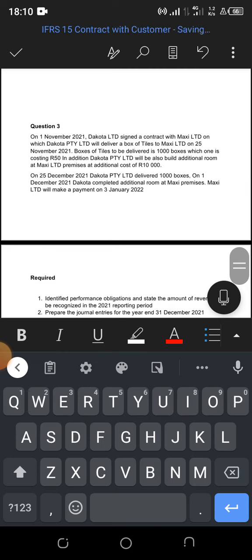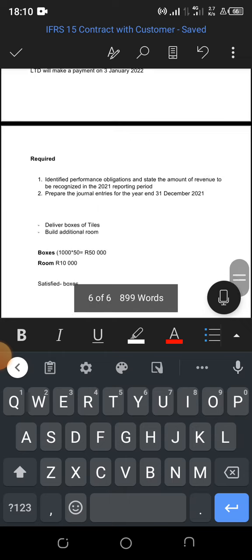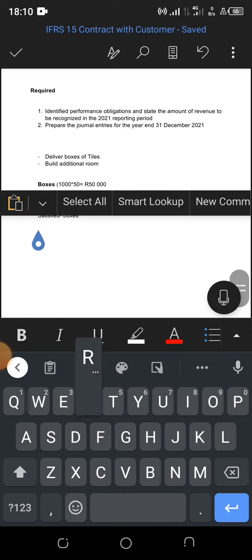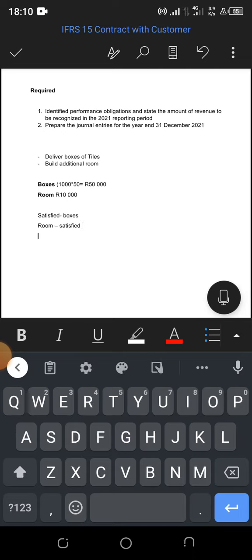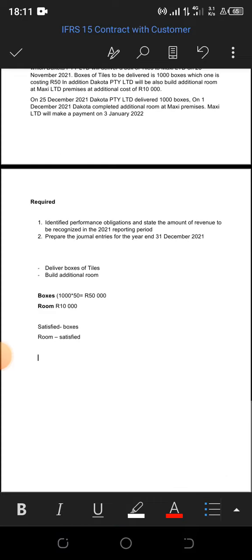They said on 1 December 2021, Dakota completed the additional room at Maxi's premises. The room has been completed within the reporting period, which means that even the room has been satisfied. You have to show the date when you explain that it has been satisfied on this date.